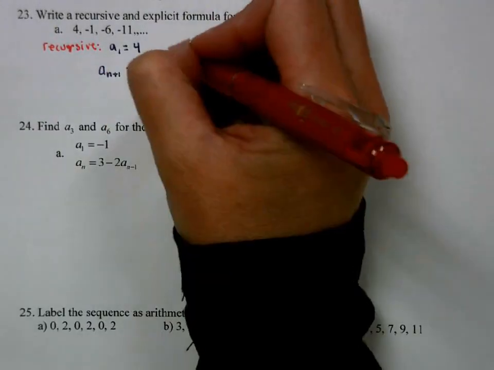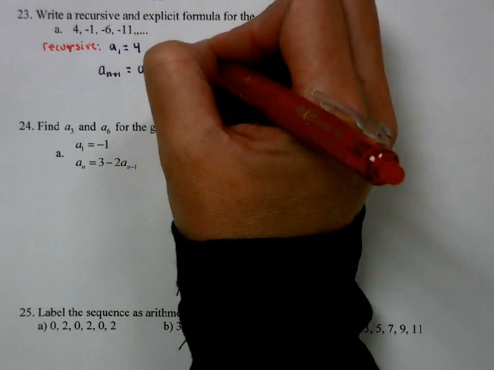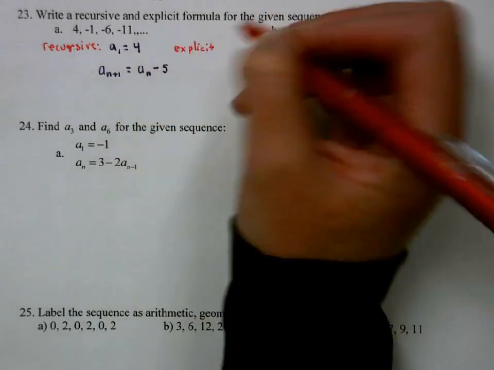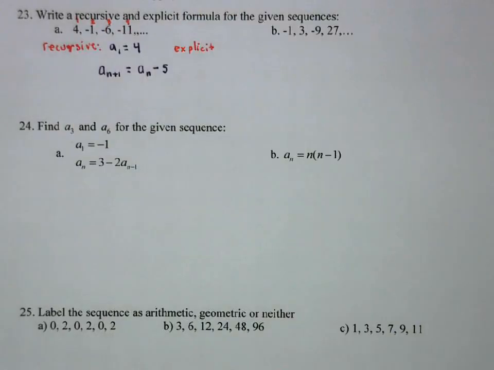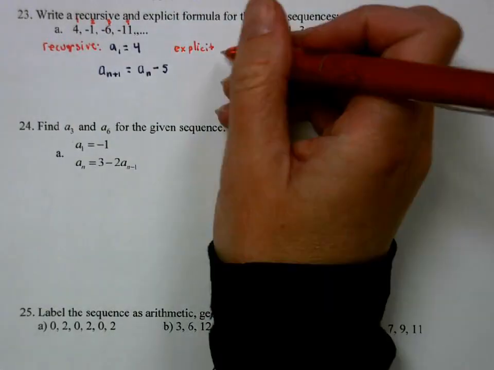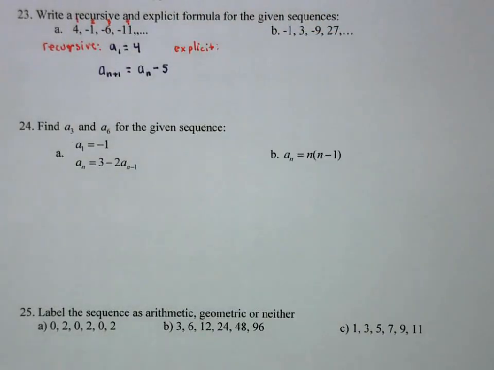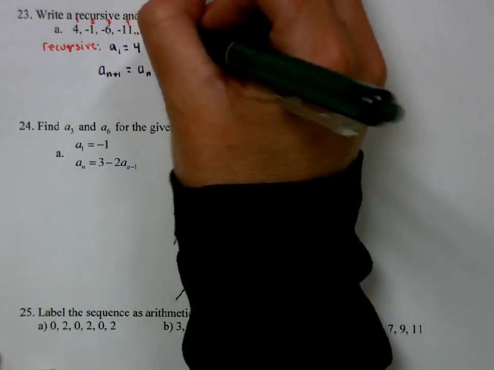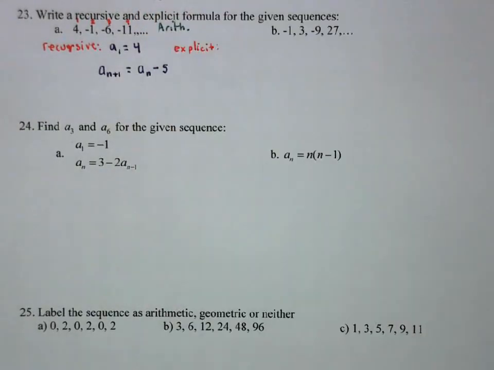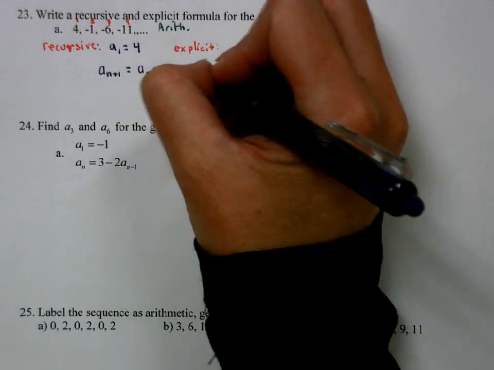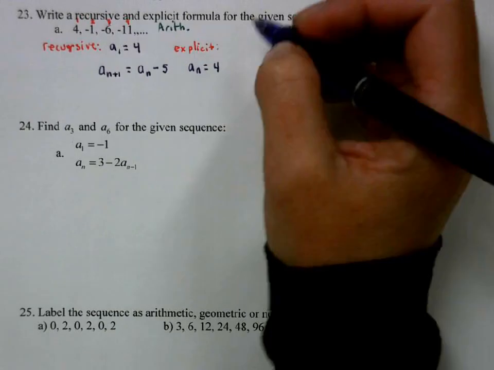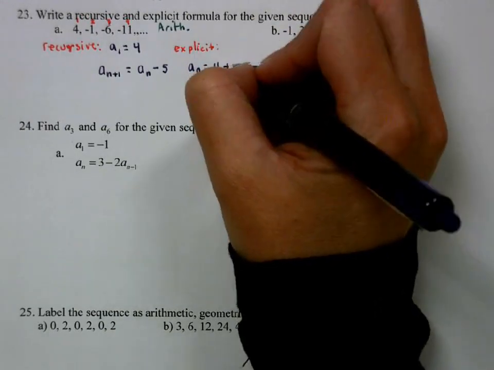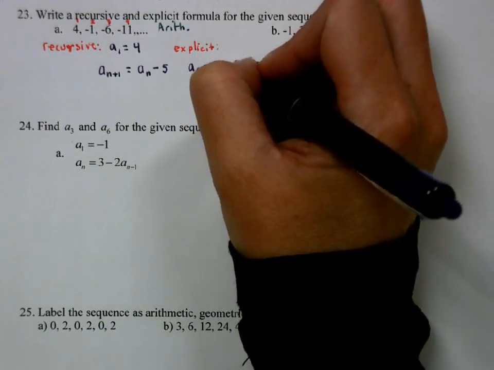But if we know a specific type, so this one is arithmetic, we can just use those nth term formulas. So my an would be a1, and these are on your formula sheet, plus n minus 1 times my common difference, which when you simplify this, because again this is going to be multiple choice, is going to be negative 5n plus 9.